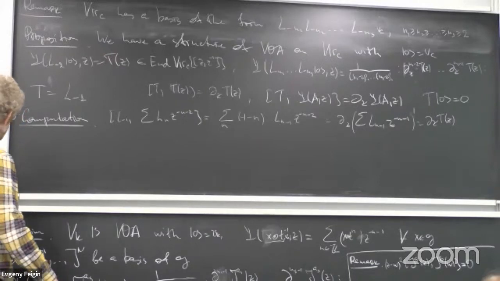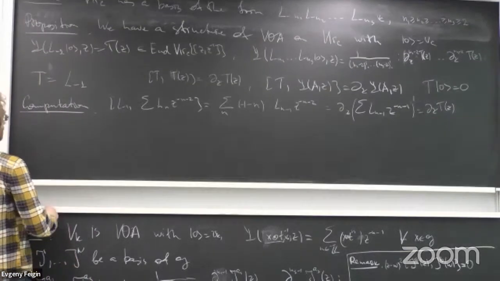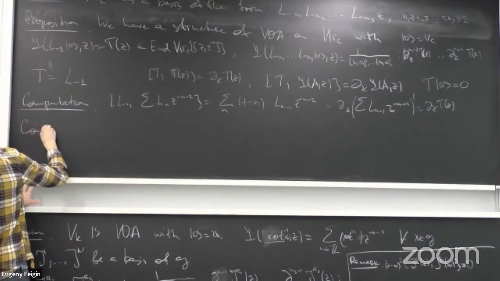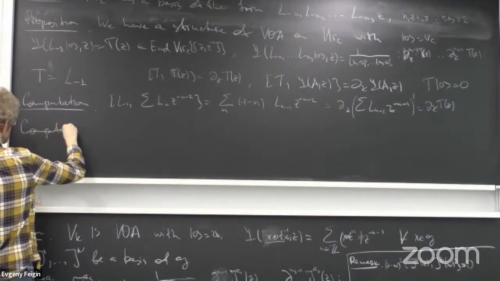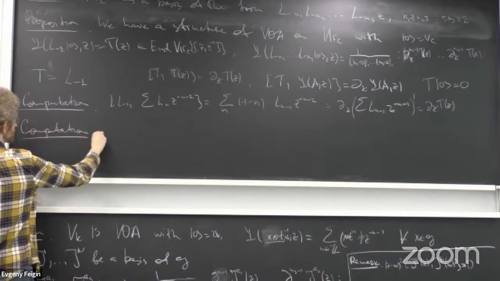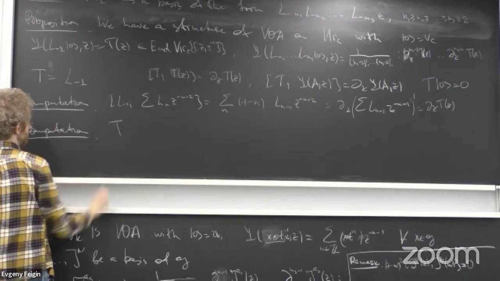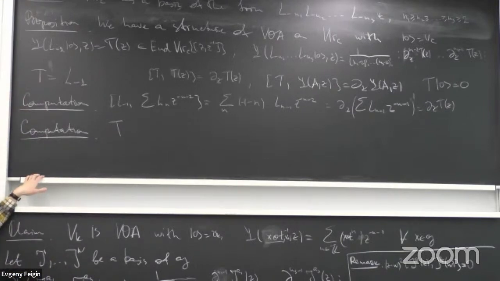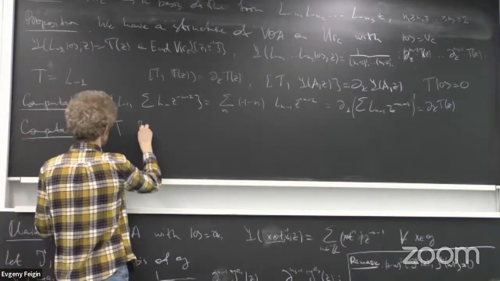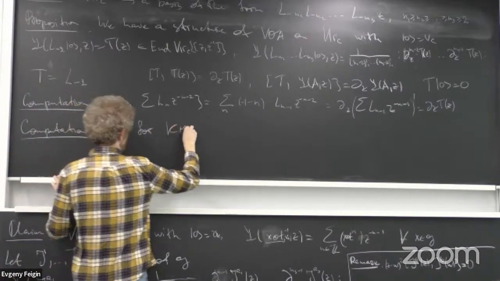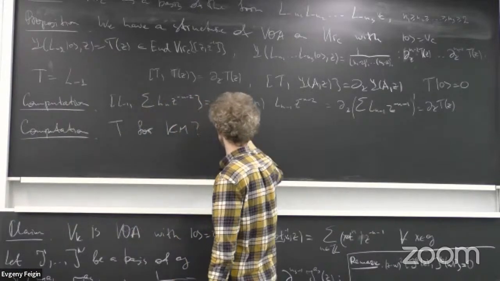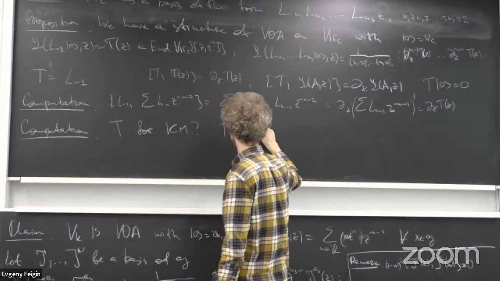By the way, we should have also done the computation in the Kac-Moody case. So what is the T for the Kac-Moody algebra? How to compute it? We might not be able to give such an explicit description, but at least how to compute T for Kac-Moody. We know that T applied to the vacuum should be 0.